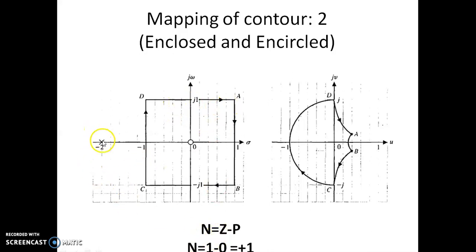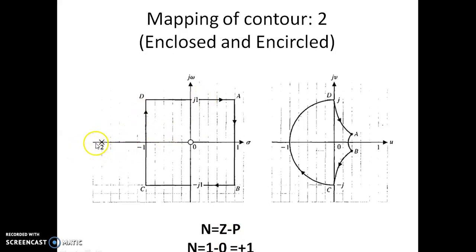Now there is a pole here. Since this pole is not enclosed by this contour, because it is on the left hand side, P is equal to 0 here. Why is P equal to 0 even though you have a pole here? Because this is not coming within the right hand side of this contour.